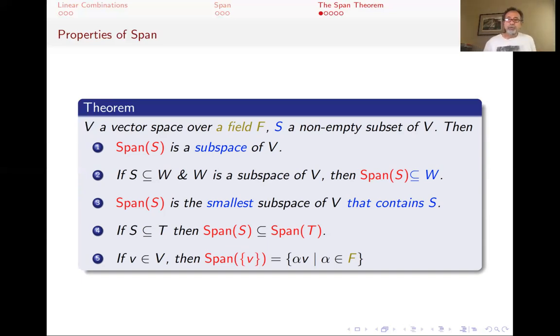The only difference would be in the last statement, where the scalar multiples of that vector v will have scalars coming from F. In fact, in all of them, when you're finding linear combinations, the scalars will come from F.